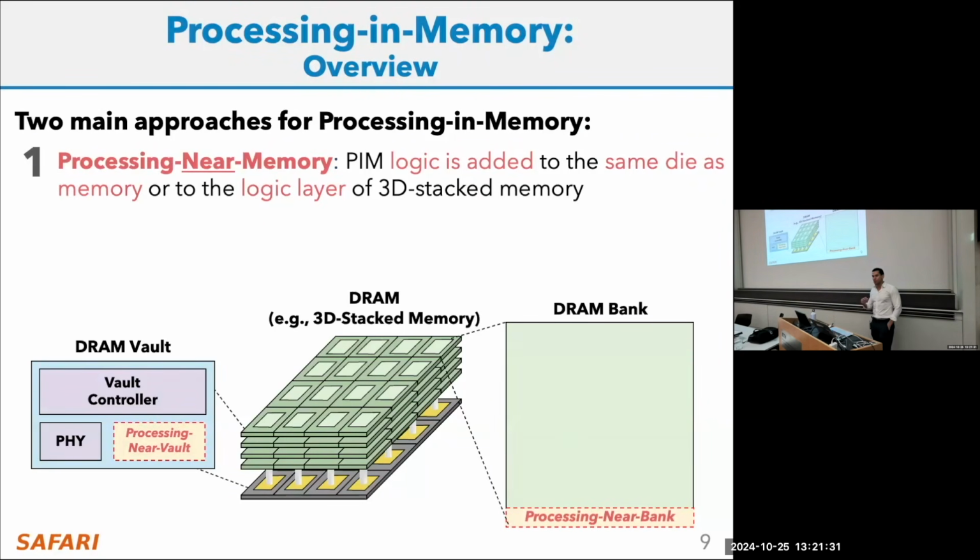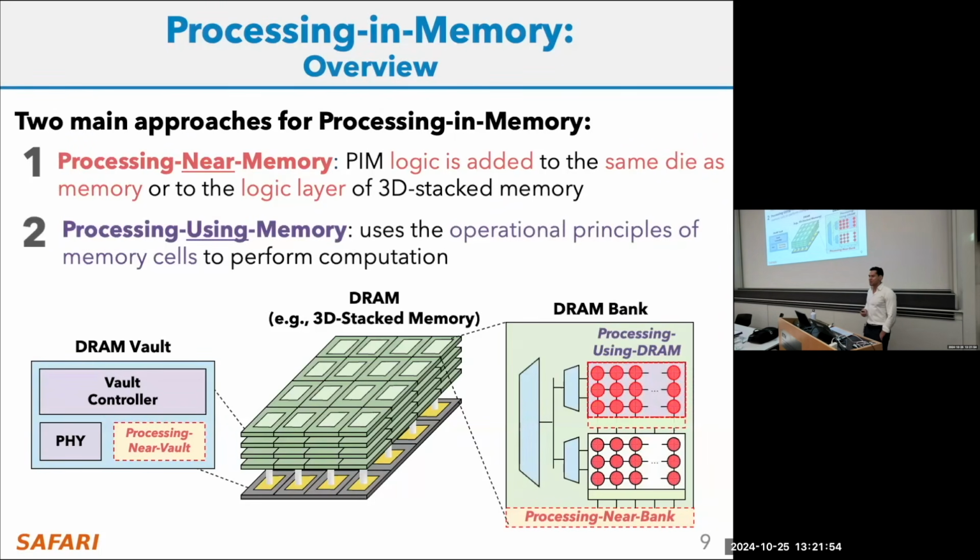But it's different from a compute-centric approach: we take this logic and move it closer and closer to the memory array itself. The closer the logic is to the memory array, the larger the memory bandwidth and the shorter the memory access time that logic is able to take advantage of.